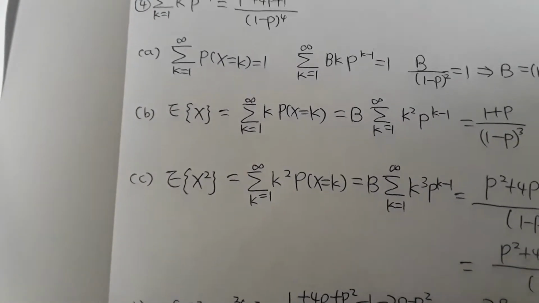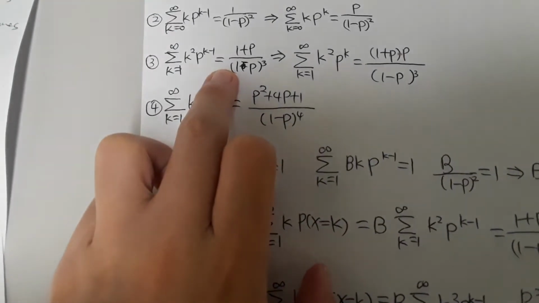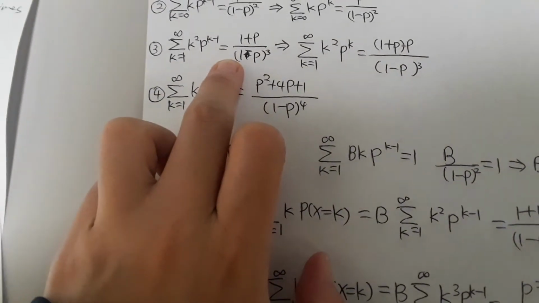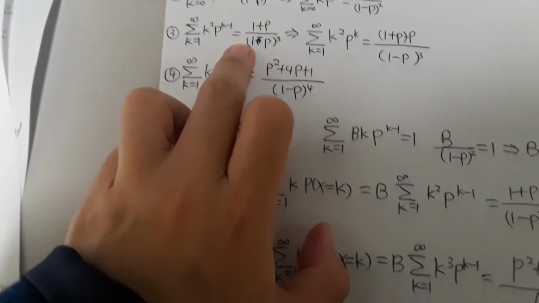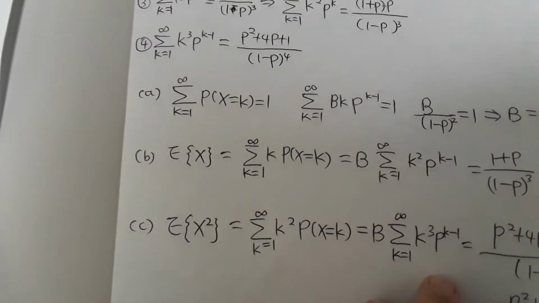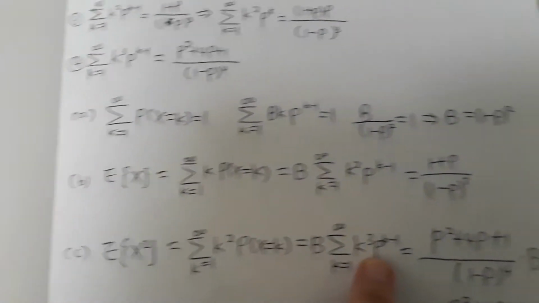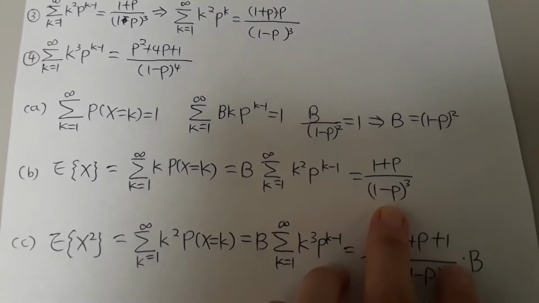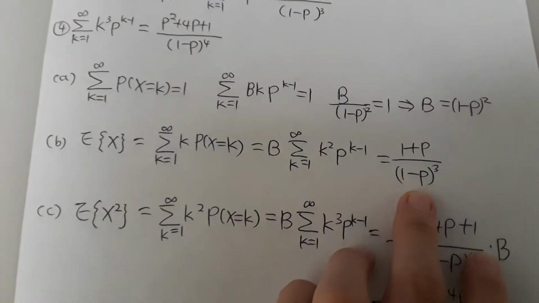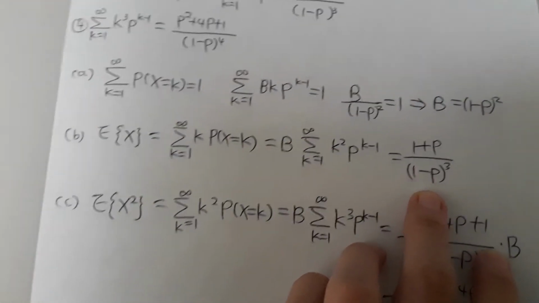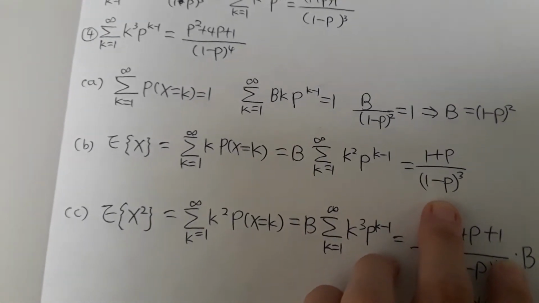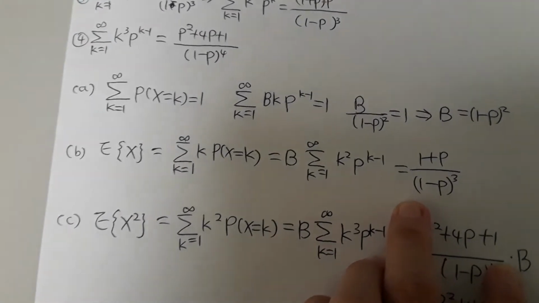Then I plug the value of b and the third equation into this formula. I can get (1 plus p) divided by (1 minus p) to the power of 3. This is the answer of part B.